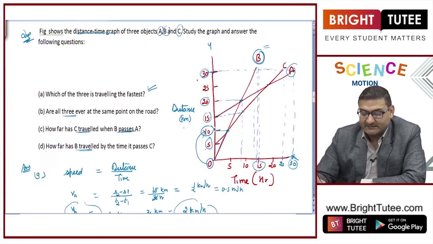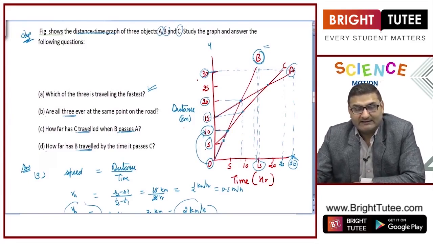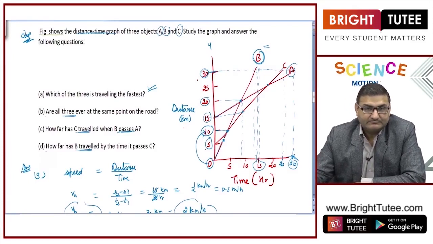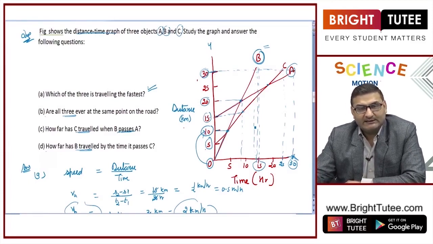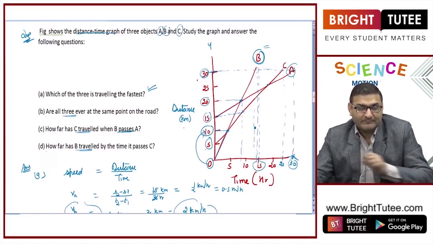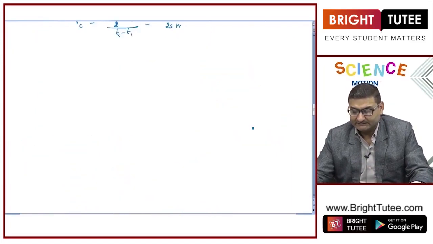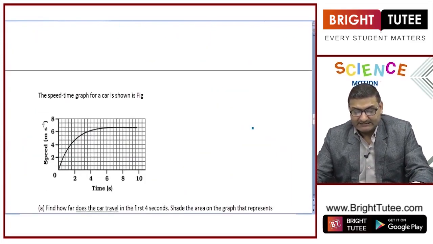So once again, it has travelled 10 kilometers when it has passed C. Got it? So these are some questions that will require a bit of your observation and a bit of your conceptual knowledge, and then you will be able to do them. Got it? Fine? Good. Now let us see.